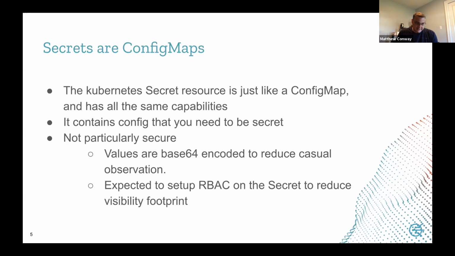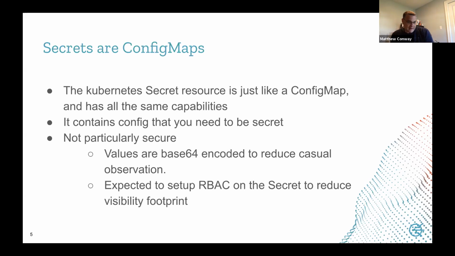As opposed to just configuration, this is secret configuration that you may not want all eyes to see, but you're trying to achieve the same behavior where you have a single image that you're using in different ways by giving it different secrets. So maybe dev has a different API token from staging or production. So that's the main difference between secret and config map.